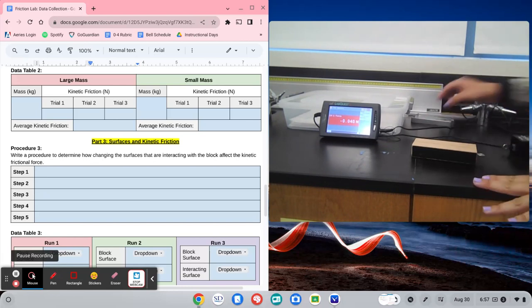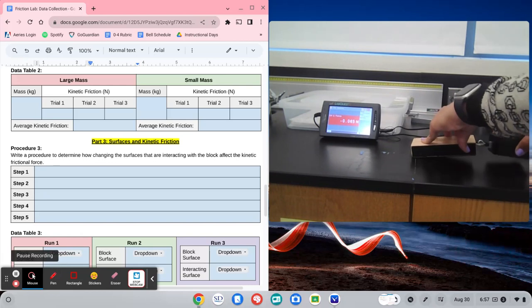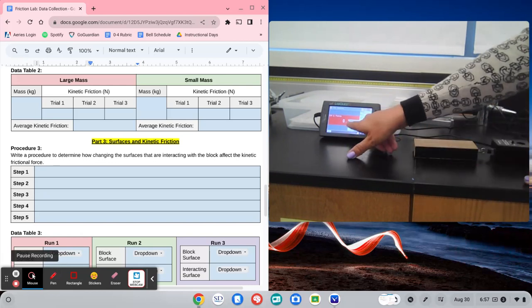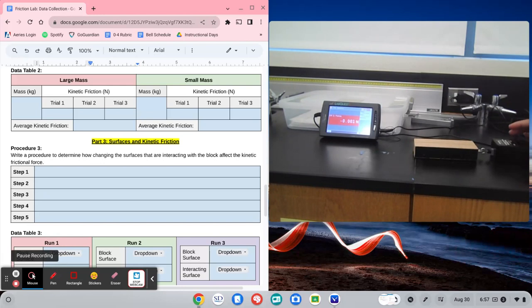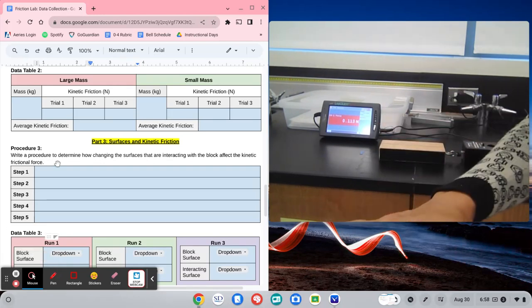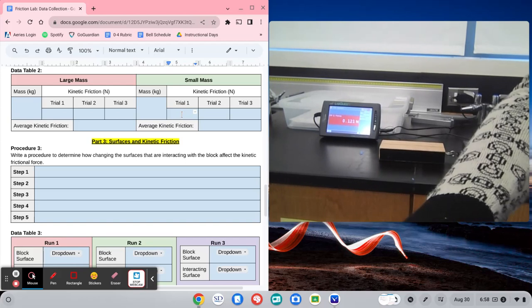The first one will be a total of 149. The next one will be a total of 149 plus 500. I'm going to record the kinetic friction value for each one. Okay, so around 0.47 for the first trial. This is going to be the small mass, so I'll put it right here.